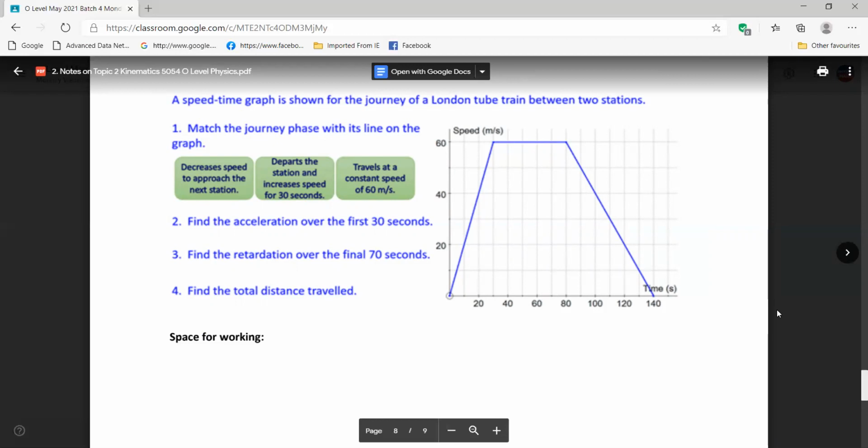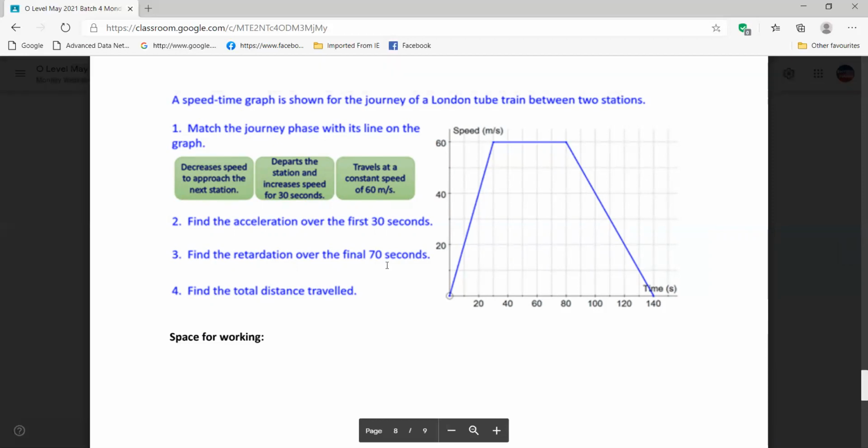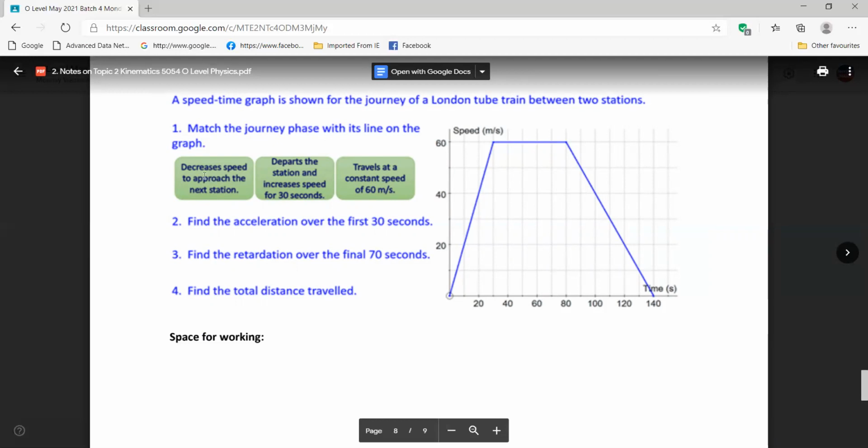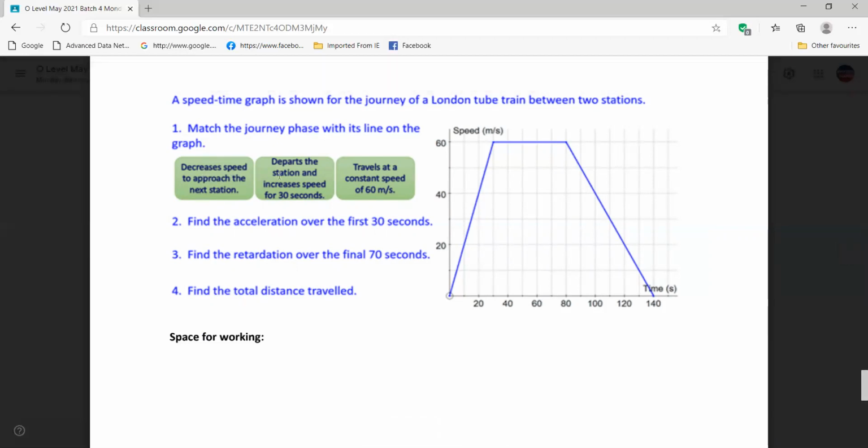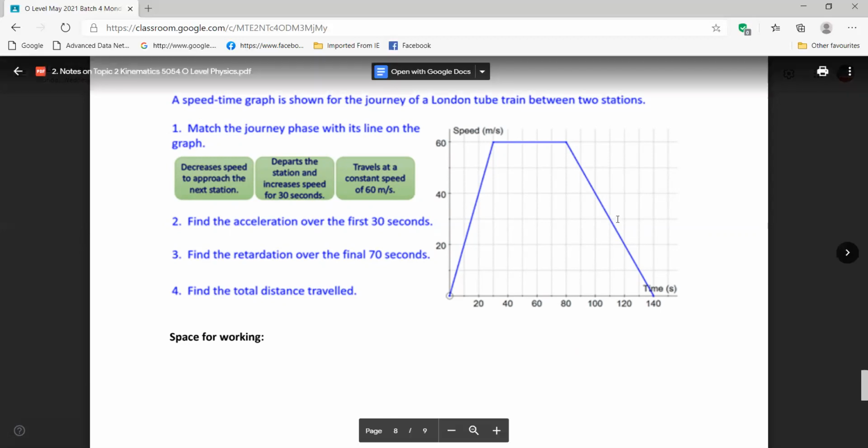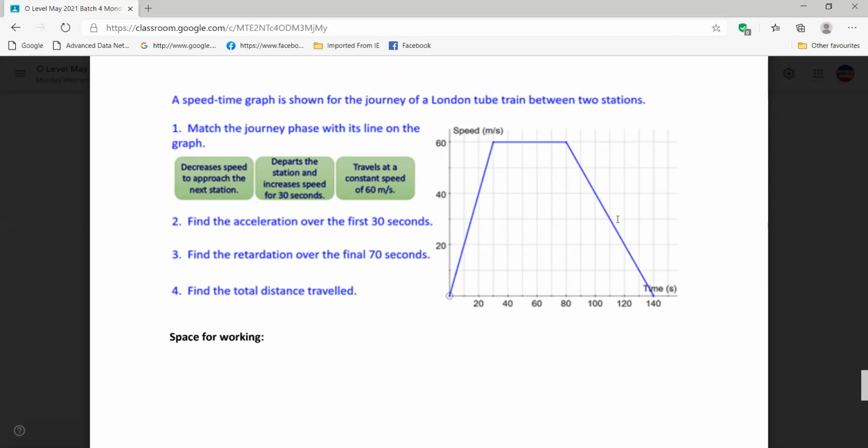The phase word. So, which one decreases speed? It's the last part. Decreases speed to approach the next station.